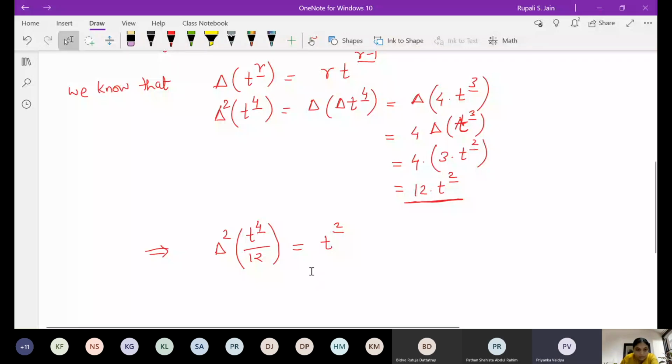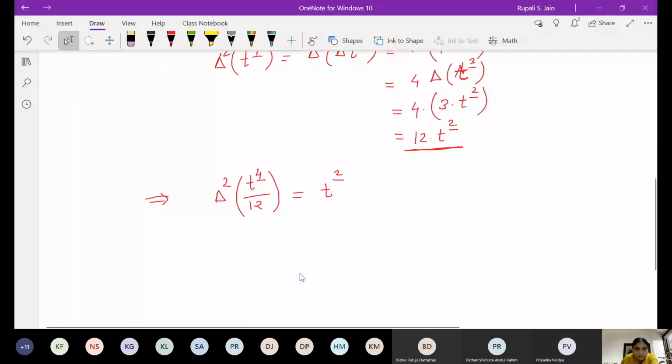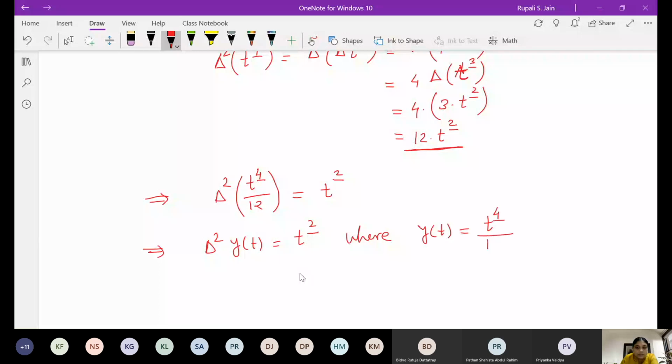So this implies delta square y t is equal to t to the 2 falling, where y t is nothing but t to the 4 falling divided by 12. So which is my required solution? That only I want to find now.